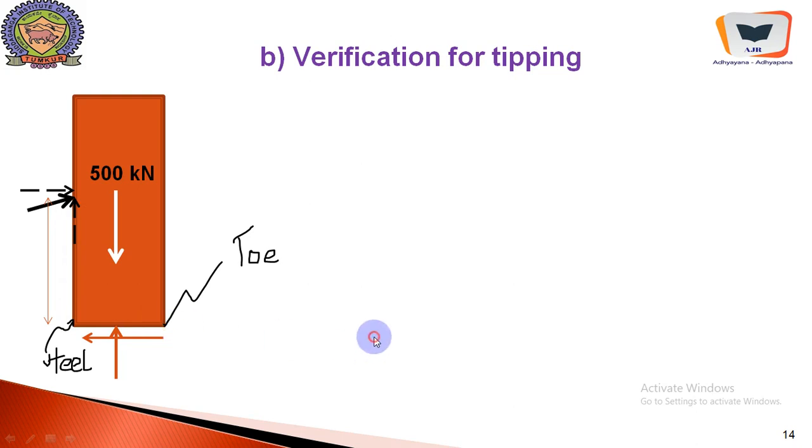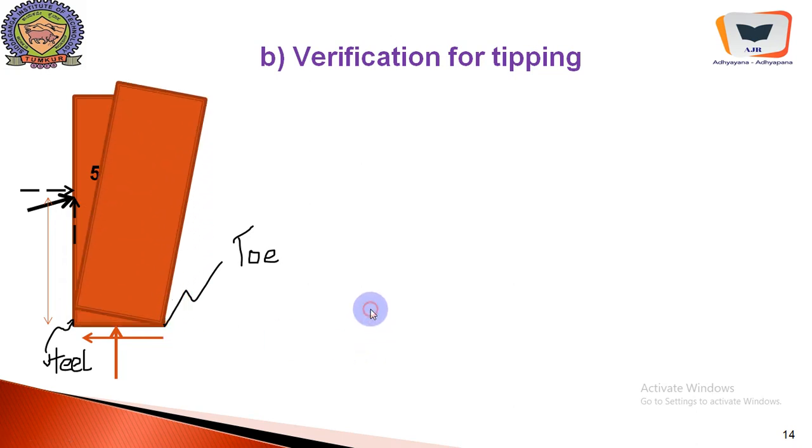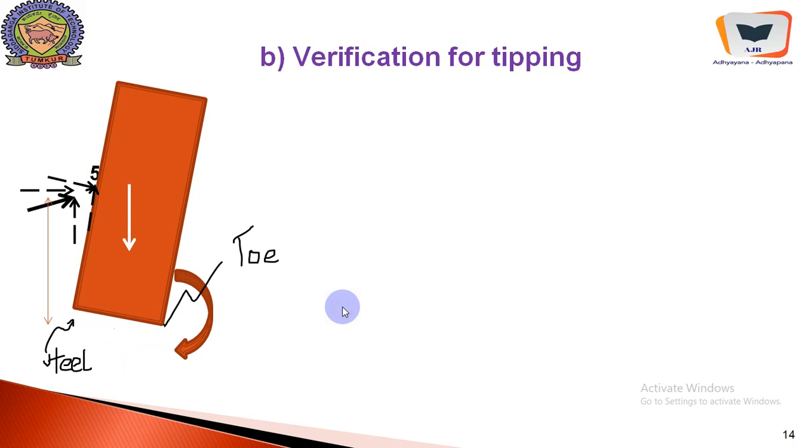Let us see what would happen. When it tips, it will rotate like this, and you should see over here that when it just makes a tendency to tip, the entire cupboard will lean. When it leans forward, it loses its contact with the floor.